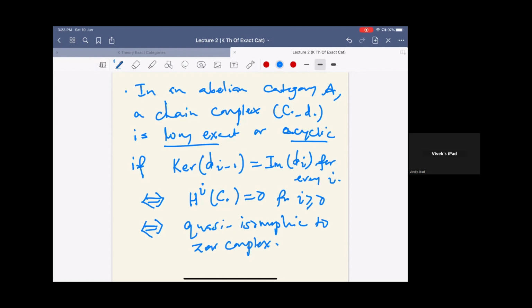So that is the definition of a long exact sequence or acyclic chain complex in the setting of an abelian category.